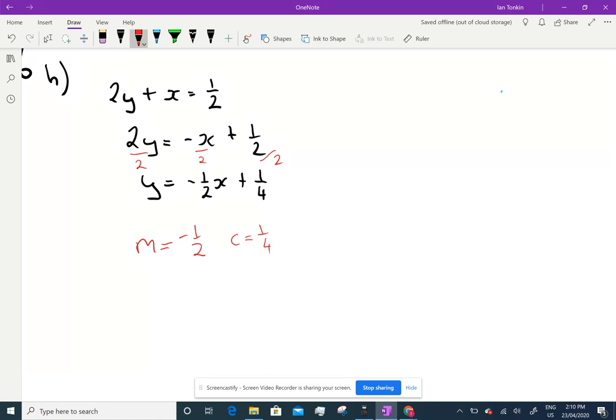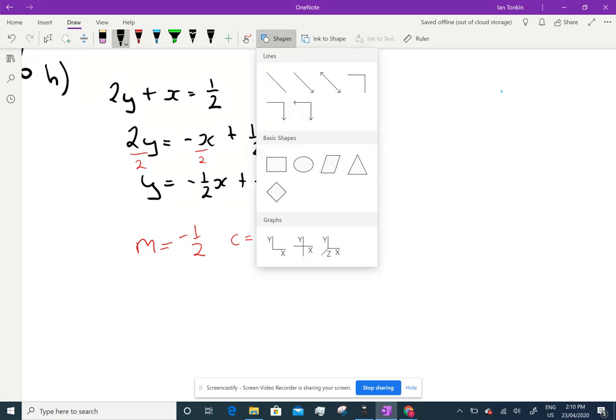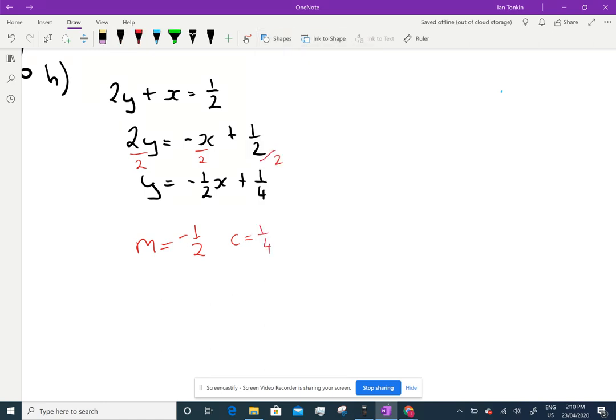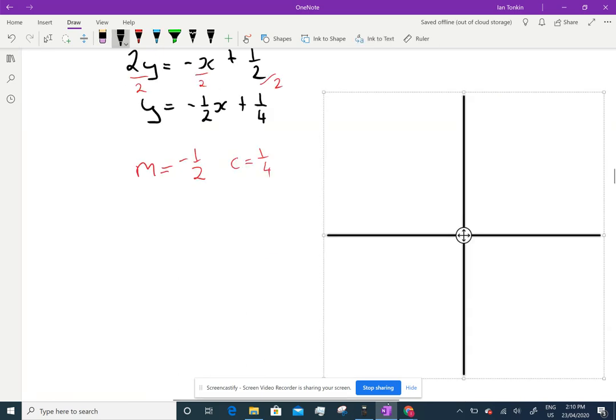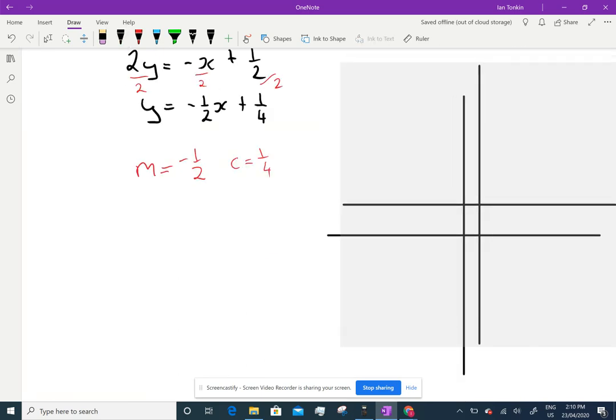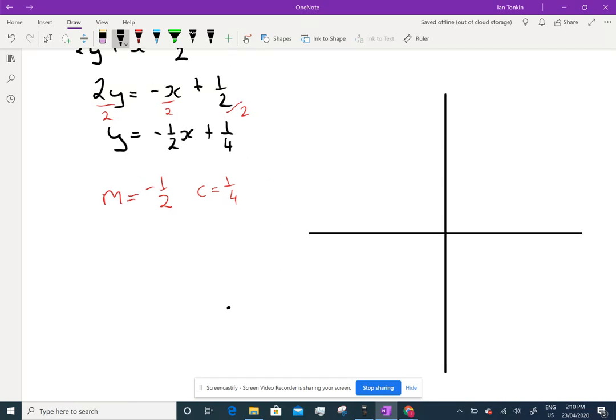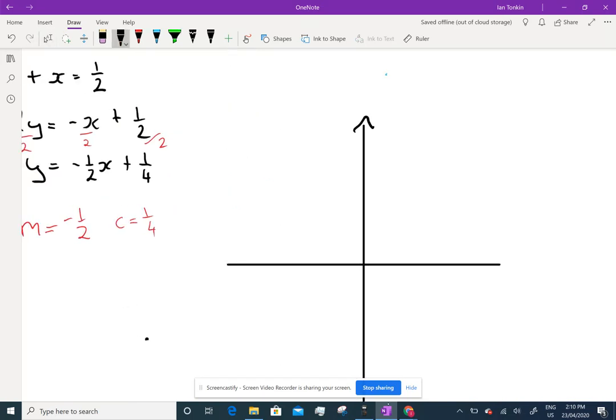So now I have my gradient of negative 1/2, which is going down and is pretty flat, and my y-intercept is 1/4. So let's get my x and y axes, and remember to label them. Because this is really fractional, let's make 1 up there. This is going to be really flat, so I think I'm going to need to extend that.